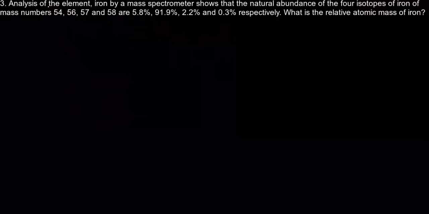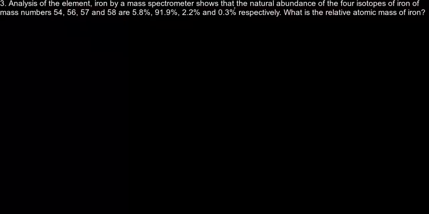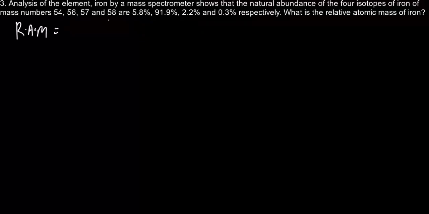Next one. Analysis of the element iron by a mass spectrometer shows that the natural abundance of the 4 isotopes of iron of mass numbers this and this are given respectively. What is the relative atomic mass of iron? This is very easy. We are still going to be using the same step all through.